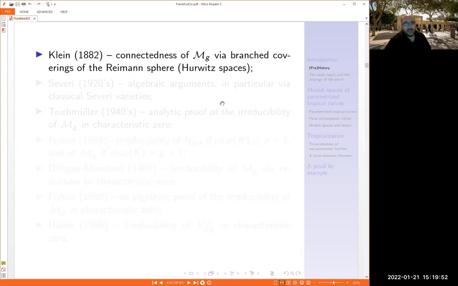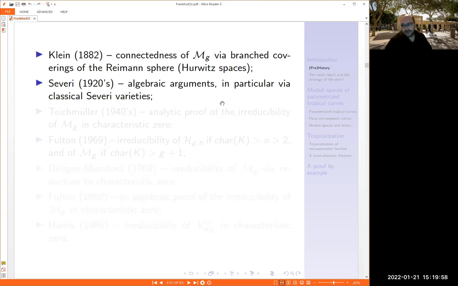Now, in the 1920s, Severi was interested in obtaining an algebraic argument, because algebraic geometry had developed, and he wanted an algebraic argument that would prove the assertion of Klein about the irreducibility of M_g. He had several arguments. One of them was via Severi varieties.